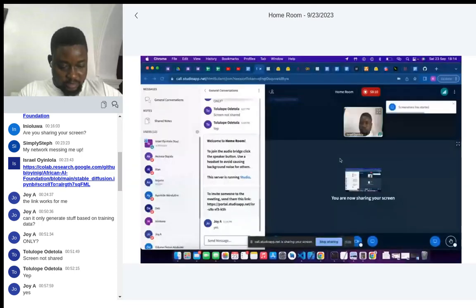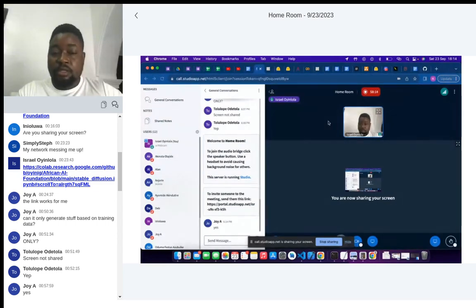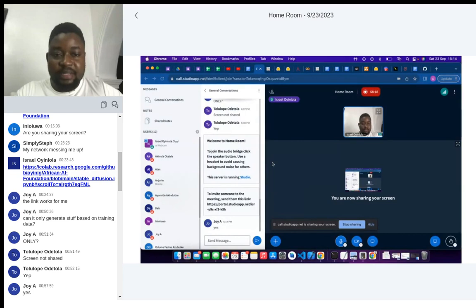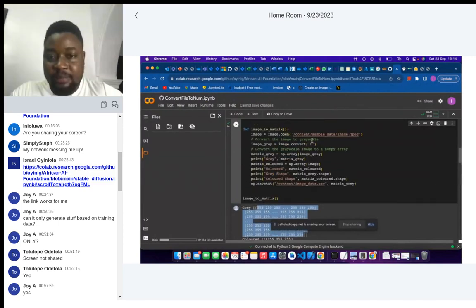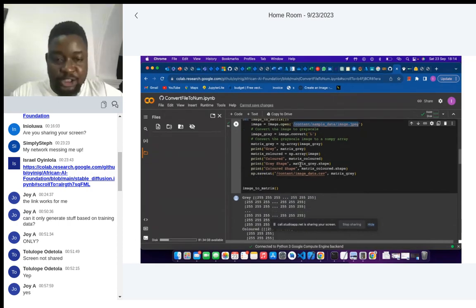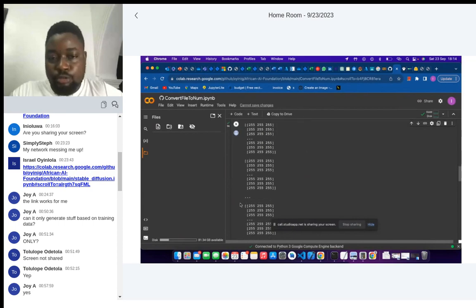All right. So what I did here was, right here, I converted this particular image to a number. I printed it in color, gray, and then the shape.